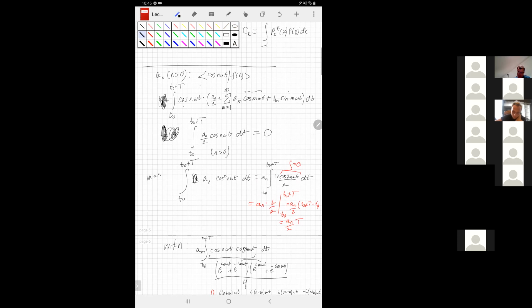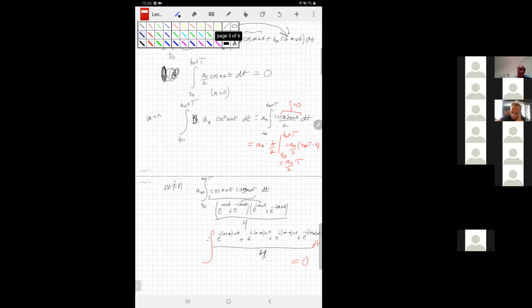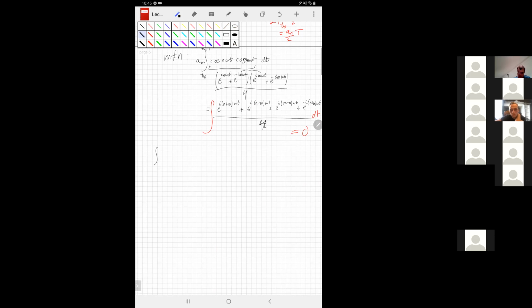Now we also have to integrate cosine n omega t with all of the sines. So now we've got the integral from t naught to t naught plus T of b_m cosine n omega t sine m omega t dt.